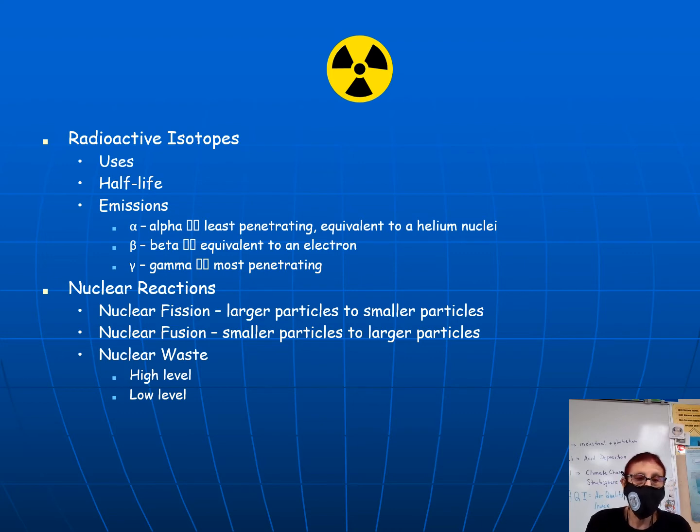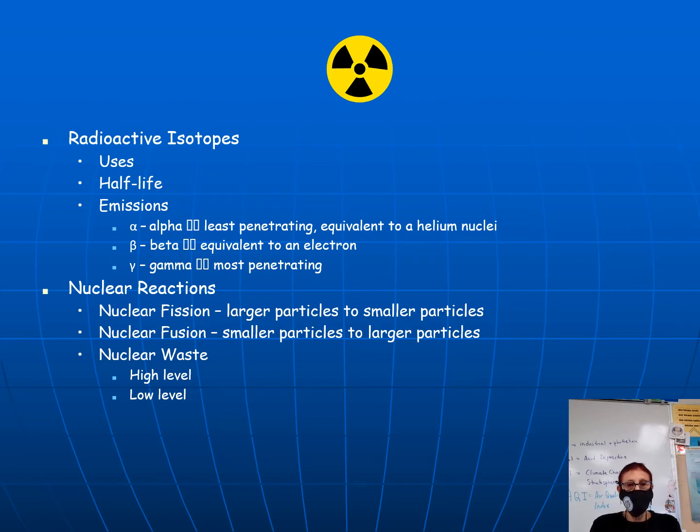Your least penetrating were alpha, and in chemistry you may have gone through, I believe it was Rutherford that did the experiment that found that the nucleus was that very dense positively charged center. Alpha particles are equivalent to a helium nuclei, beta particles are equivalent to an electron, and gamma particles are the most penetrating and the ones that are the highest energy.